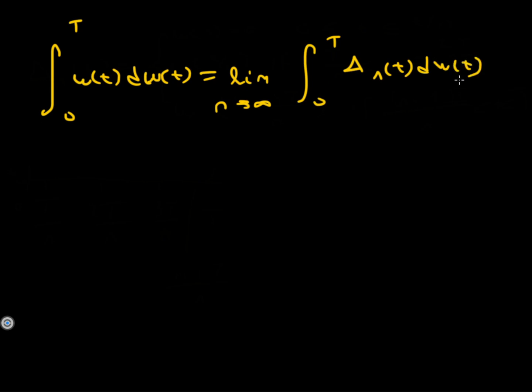Now remember how we talked about quadratic variation. First, remember what this is. And then we'll look at quadratic variation and we'll look at how it relates to this, right? So this is simply this.